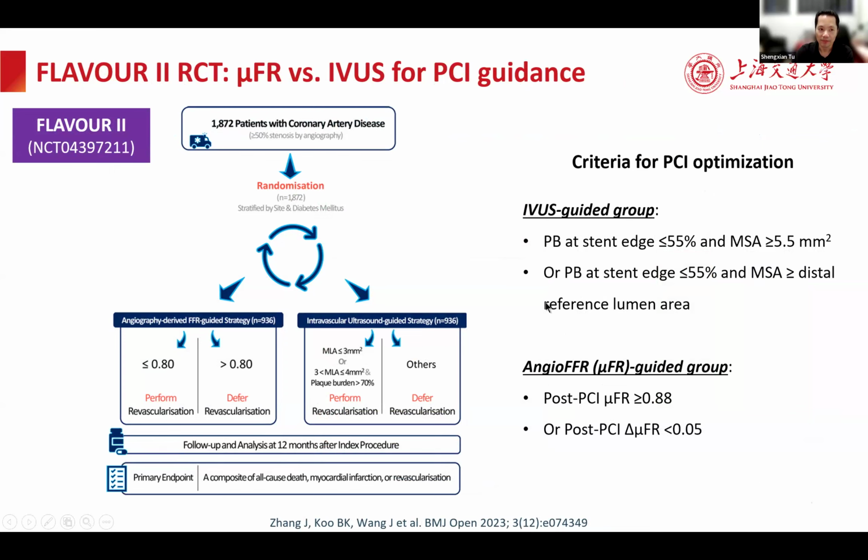to assess the clinical value of MUFR versus IVUS guidance in lesions with intermediate severity. So in one arm you have IVUS guidance, with criteria to stent or not stent, and how to optimize it. In the other arm you have MUFR or angio-FFR to decide whether to stent or not, and also whether to optimize or not.